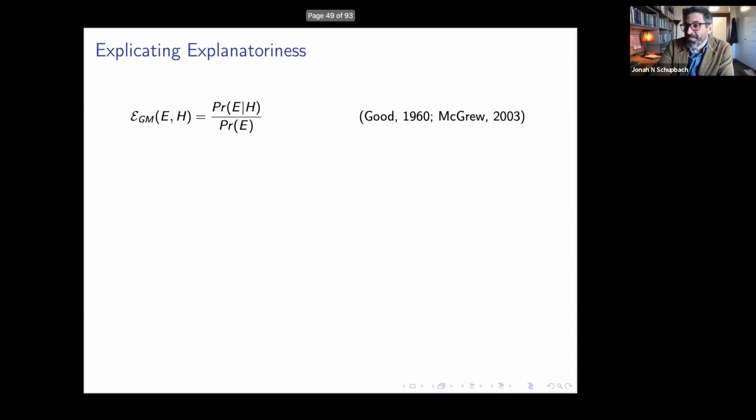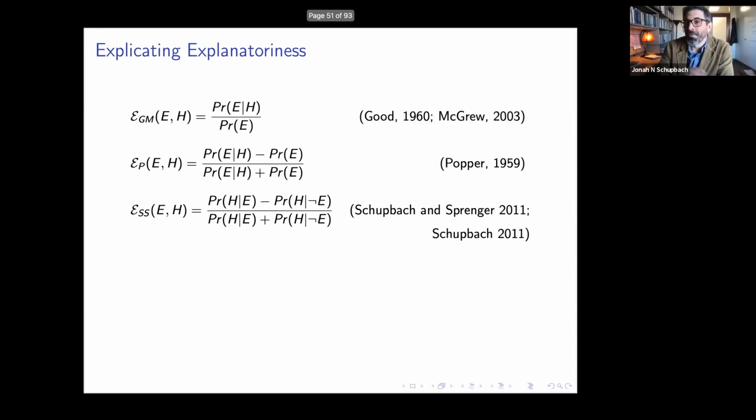Well, it's been tried in many different ways. So here's three. I.J. Good and Timothy McGrew more recently offered this measure, which is sort of the most transparently appropriate measure of what we're after, because remember, we just want a measure of how much greater this term is than this term. Popper gives a similar measure.